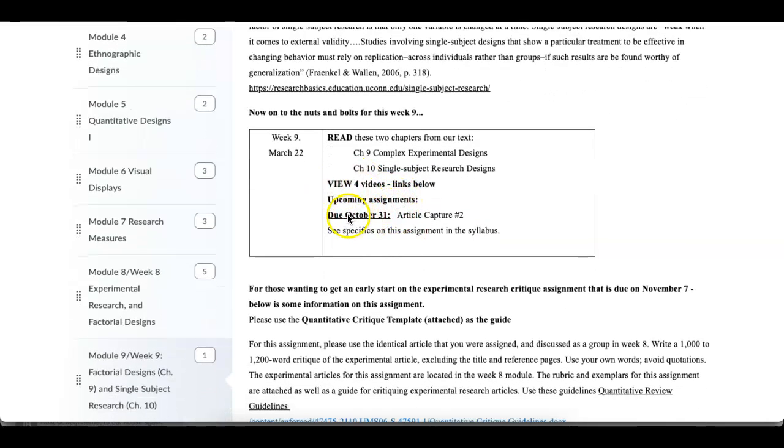Upcoming assignments. We have the article Capture number 2, which is coming up next Sunday. As you know, you've already submitted 3 articles. This is submitting 3 additional articles. You don't have to put all of them in.